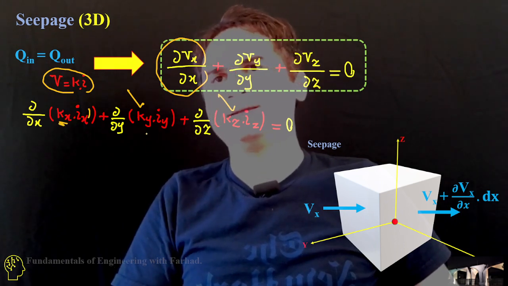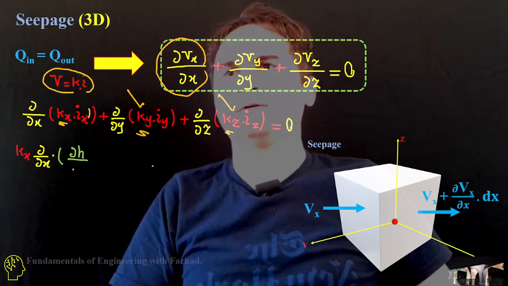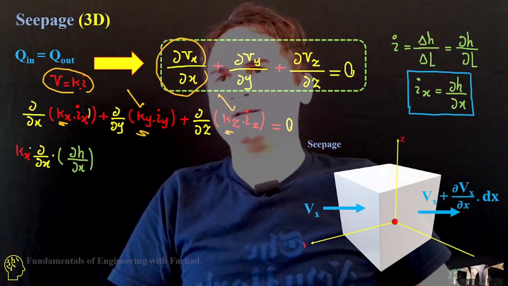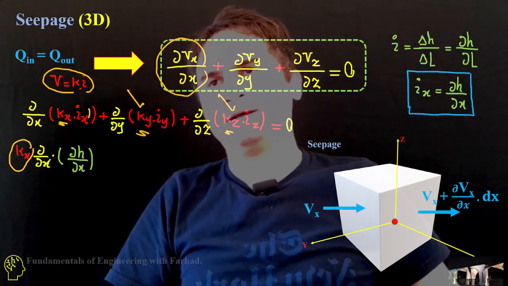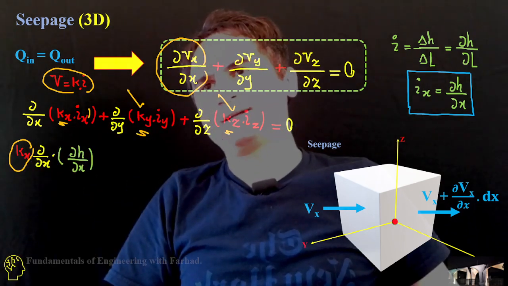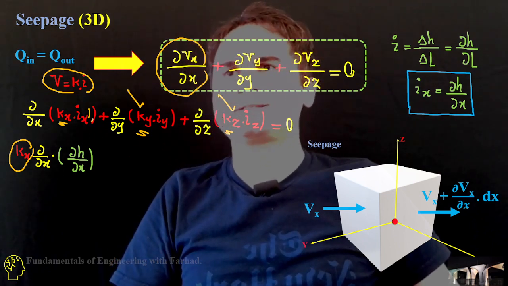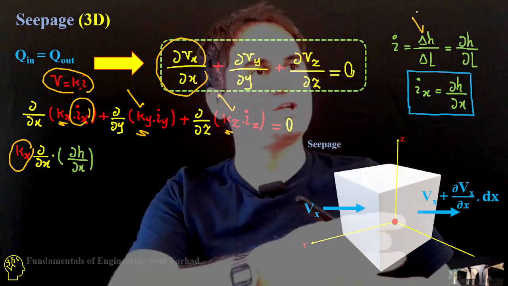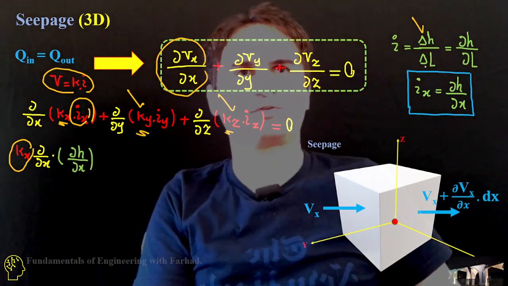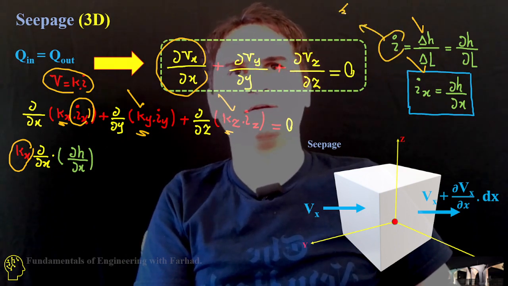We know k is a constant, so we can take k out of the derivation. Kx, the hydraulic conductivity in the x direction, is a constant and comes out, then d over dx times dh over dx. We know the hydraulic gradient i is delta h, the variation in water head, over the length of travel: delta h over delta l.